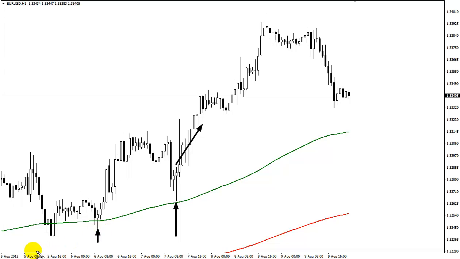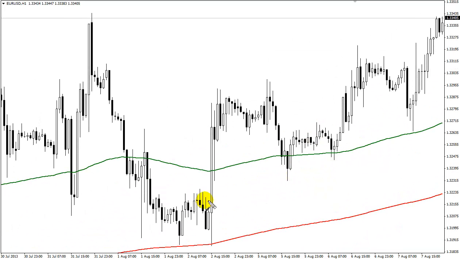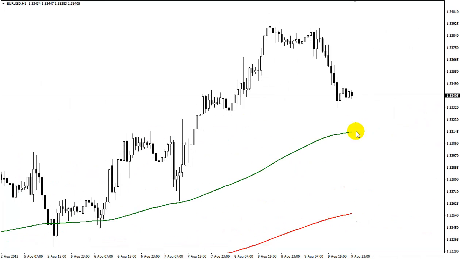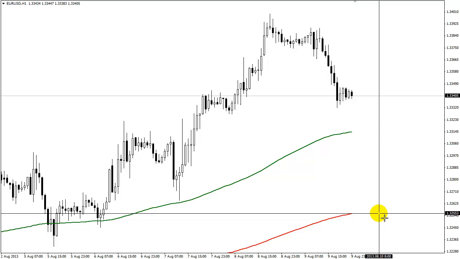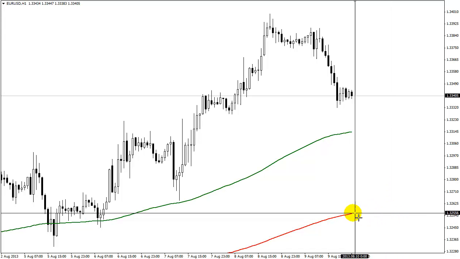Also here, right, entry points that you could have used to go long. Also here, right. And this shows that the market is still in upward action. Also take a look that the 132.50 level that we have specified on the 4-hour chart would be below the lower MA of the price action framework.